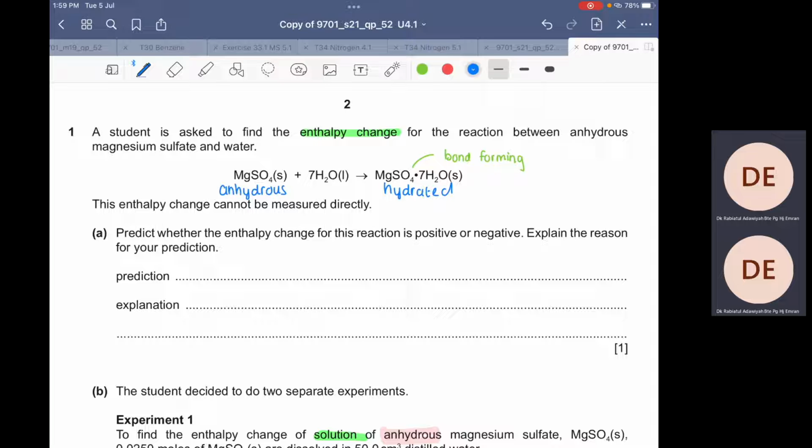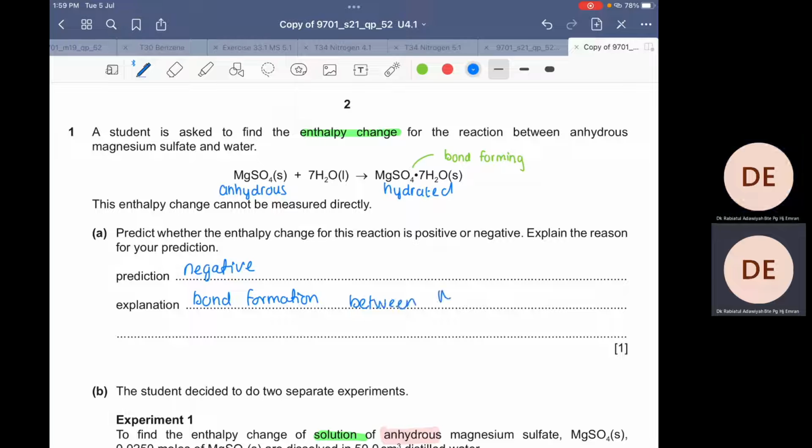It's because it forms a bond between the magnesium sulfate and the 7 water molecules. Okay, so our prediction is that the reaction is negative due to bond formation between magnesium sulfate and H2O.